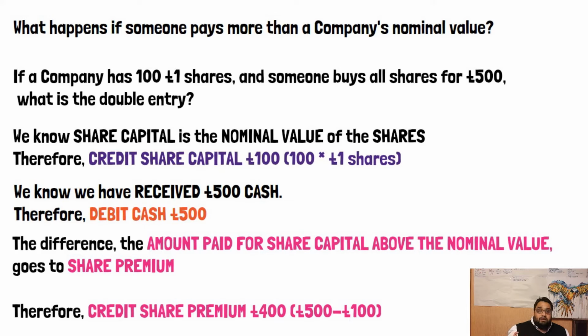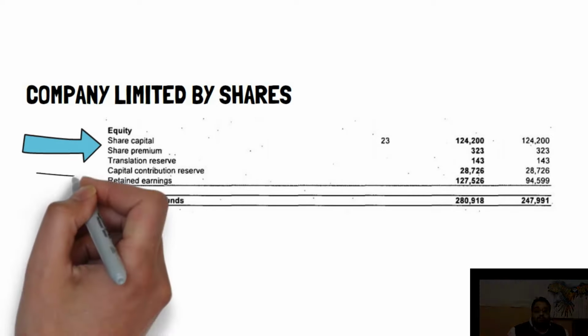And share premium is the difference between the amount paid for shares and what their nominal value is. Okay, so we paid 500, the nominal value is 100, share premium is therefore 400. Share capital and share premium themselves are non-distributable reserves.